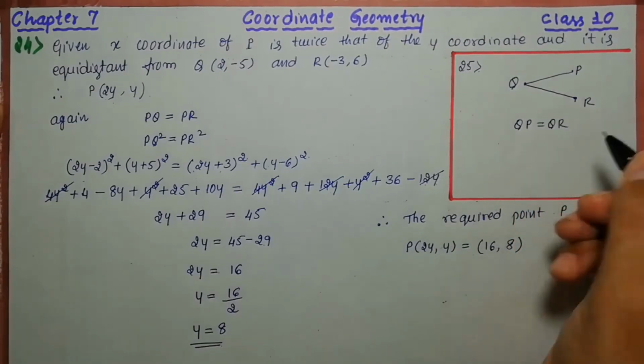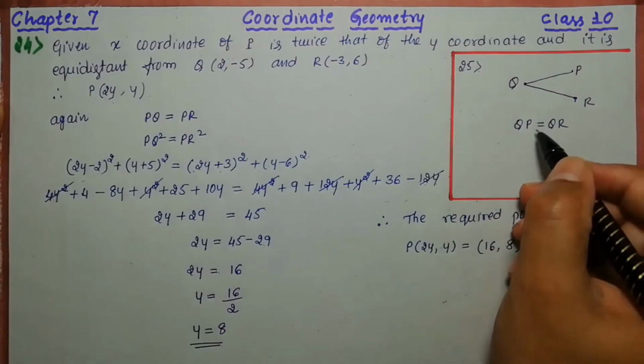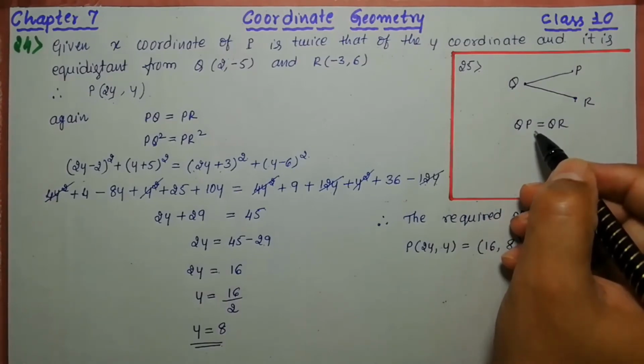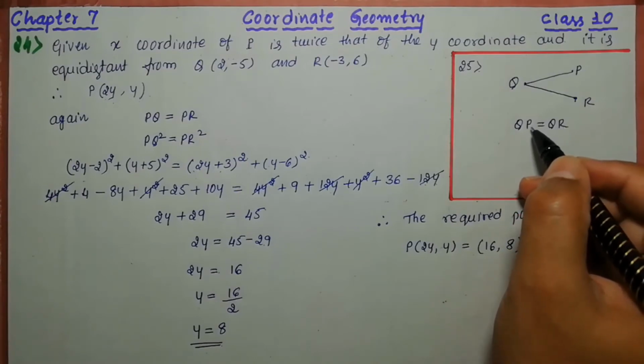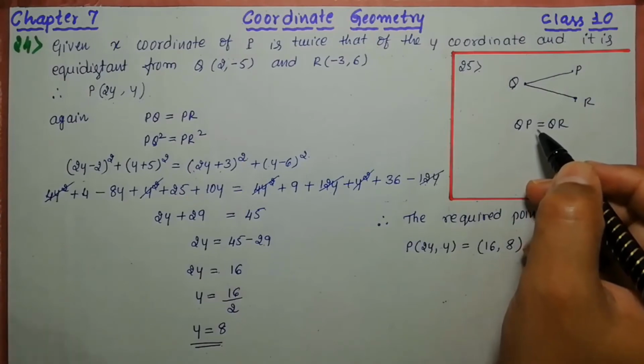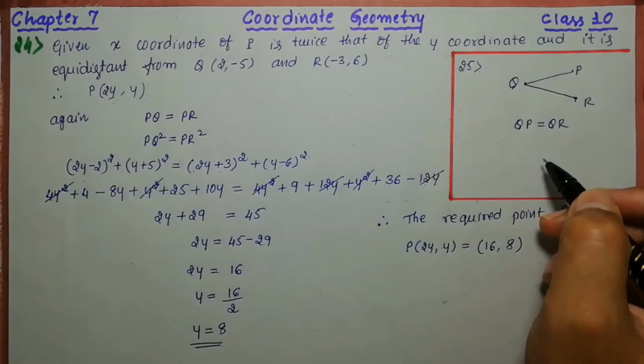Okay, so now the coordinates of Q are already given, it is (0, 1), and P coordinates are given, it is (5, minus 3), and R coordinates (x, 6). Okay, then substitute here, apply the distance formula, and you will finally get the value of x.